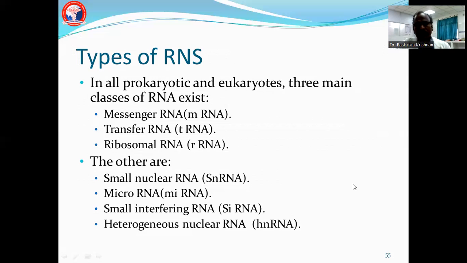The other RNAs found are snRNA, miRNA (micro RNA), small interfering RNA, siRNA, and heterogeneous nuclear RNA. Heterogeneous nuclear RNA is processed into messenger RNA, while micro and small interfering RNAs are non-coding RNAs involved in the regulation of transcription and translation.